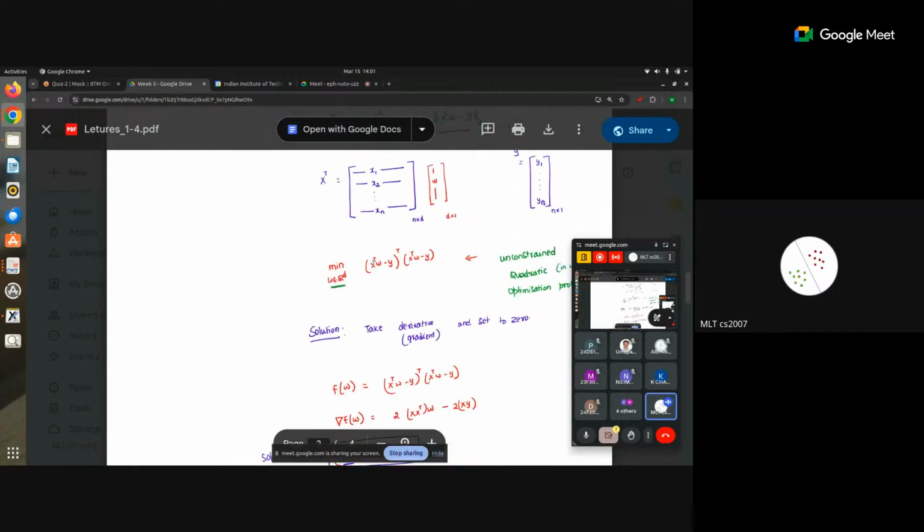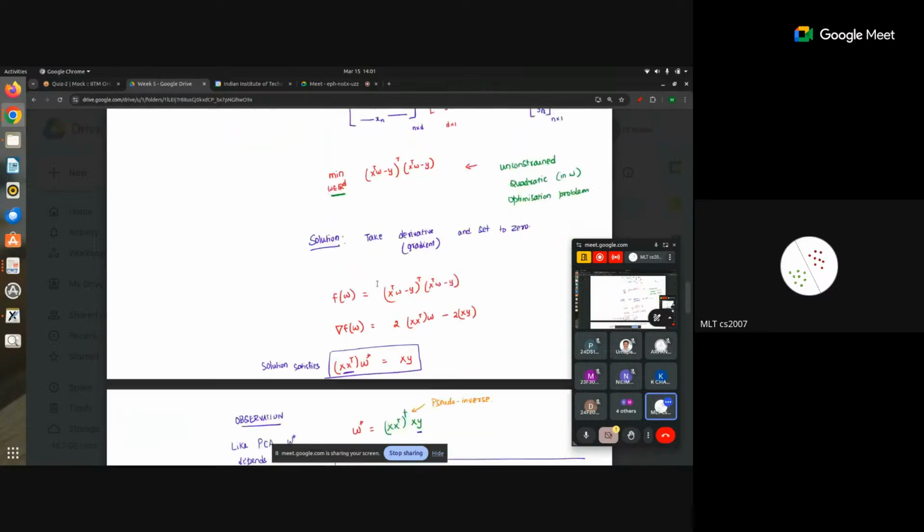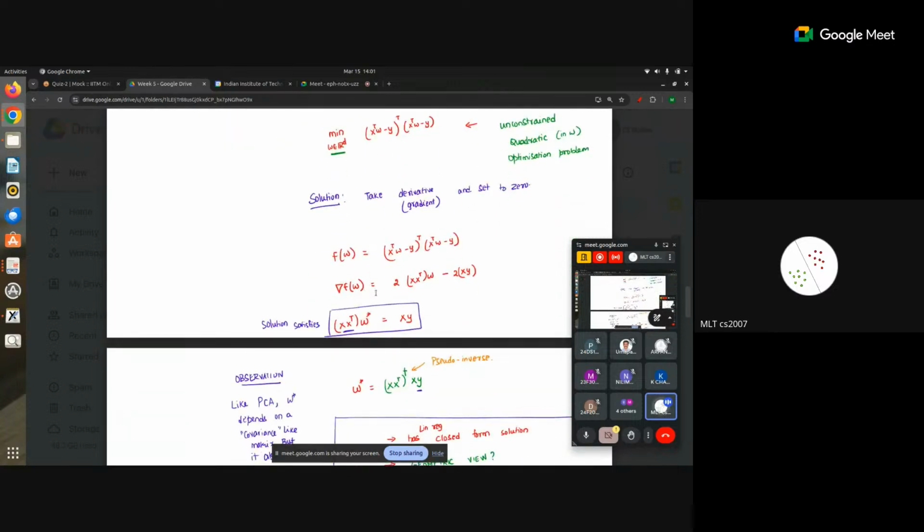So this was the problem we had, and this is del f of w. How do you find it out? It's a gradient, right? If I know the gradient, what will be the solution? W star will be X X transpose inverse X y. So what is this X X transpose pseudo inverse? Actually, you can think of this as an inverse.